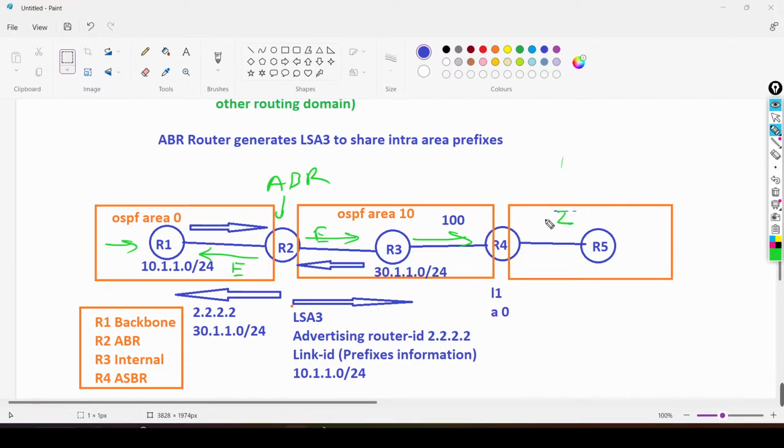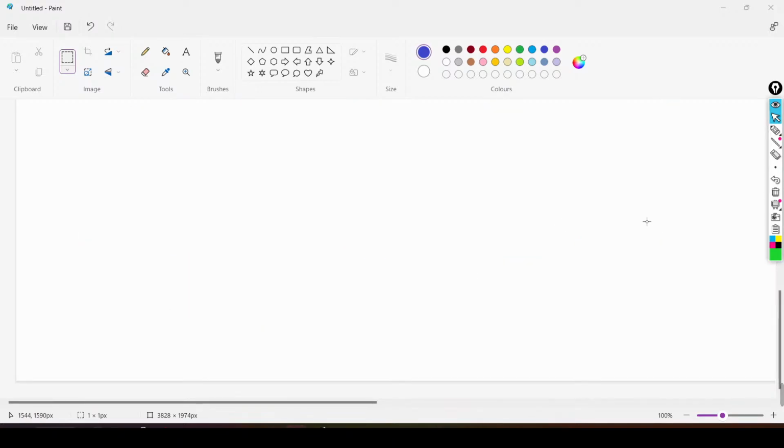Suppose area 2, and this is area number 10, or, you know, I need to change something in the topology, then only I can make you understand. So what I can do, I am making another topology over here very quickly. So see, I have router number 1, router number 2, router number 3, router number 4.